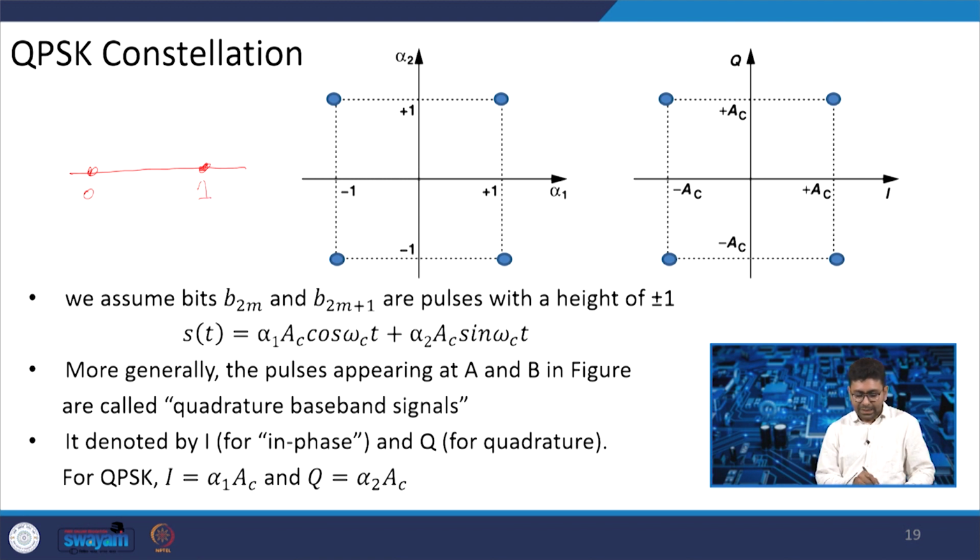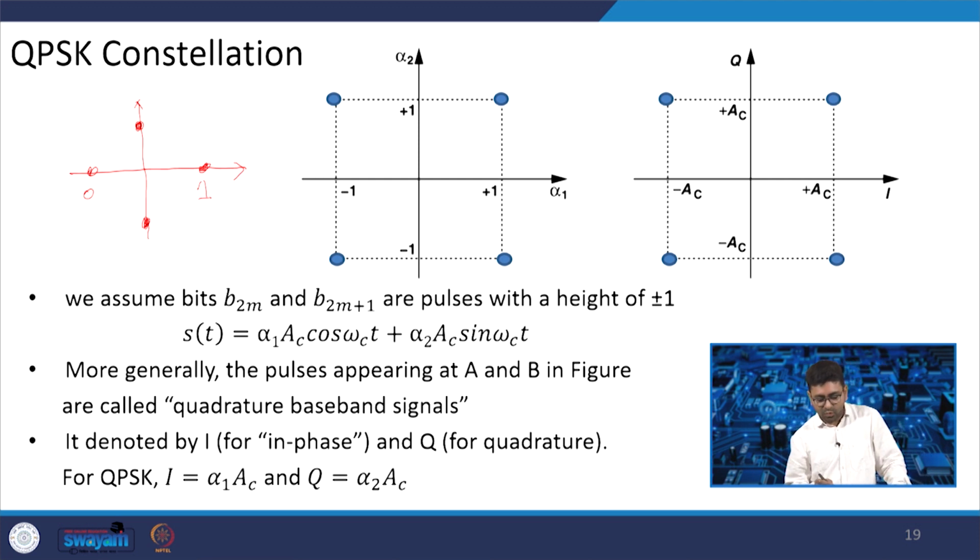Now in QPSK, because we have added a sine function as well, which is 90 degrees to the cosine, there is another set of points in the constellation.